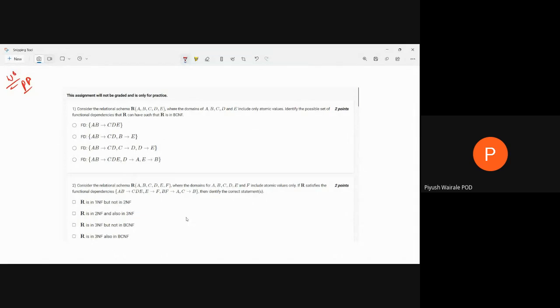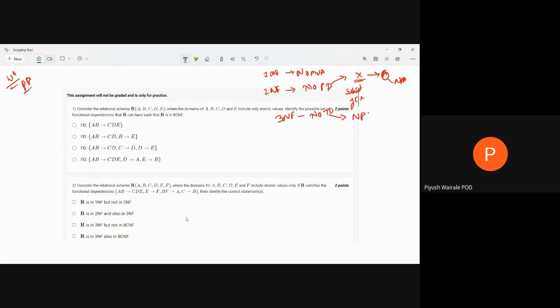So for 1NF, the condition is no multi-valued attribute. For 2NF, no partial dependency. What is partial dependency? X determines A, X is a subset of a candidate key and A is a non-prime attribute. Then 3NF, there is no transitive dependency. What is transitive dependency?